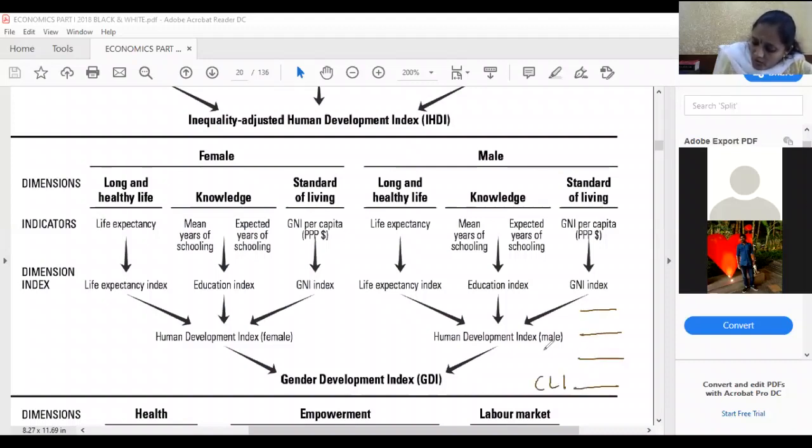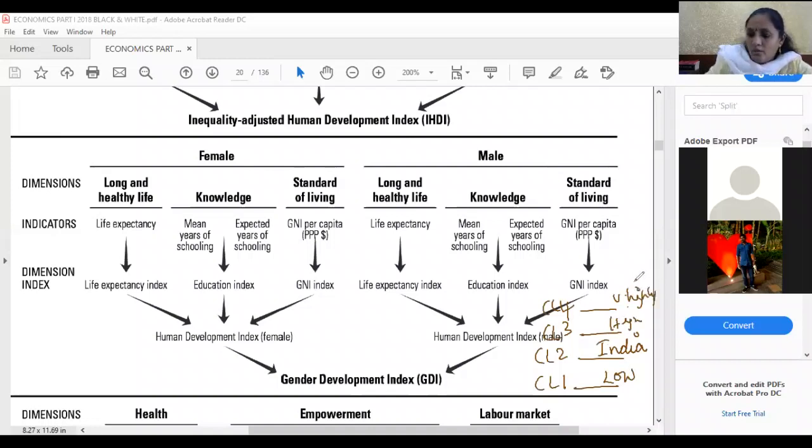I'm writing classroom 1, classroom 2, classroom 3, classroom 4, and I am placing India in classroom 2. I'm just trying to say that these are low developed, moderately developed, high developed, and very highly developed.